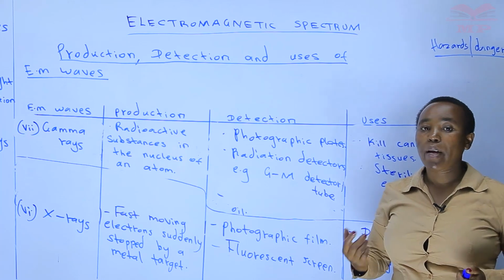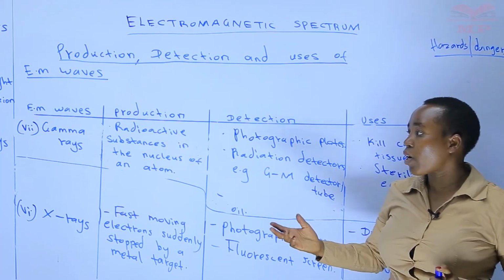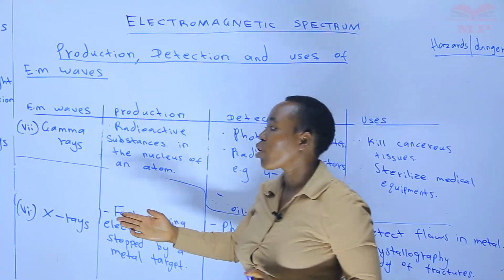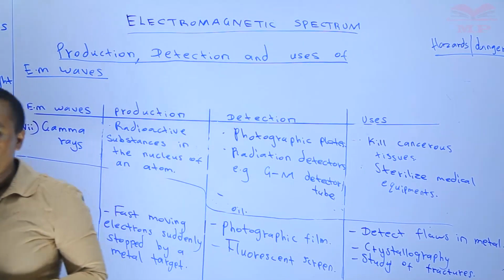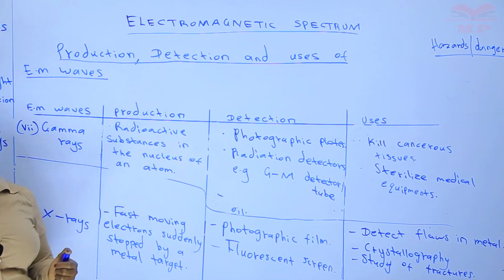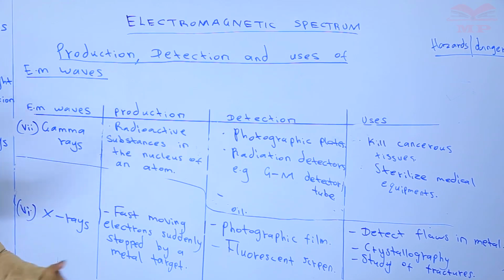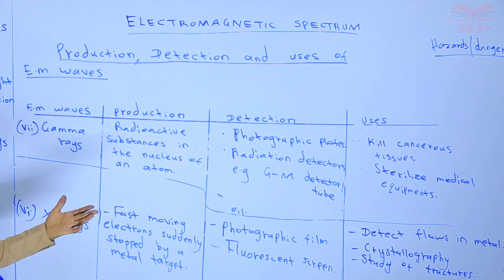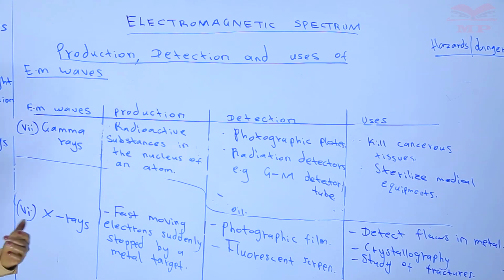We have always seen that you should not go for an X-ray so many times, especially on sensitive areas of the body, because it can lead to cancer. Despite all those uses, it can be dangerous to our health. So we'll be looking at the dangers, and that will be the last lesson in this topic.